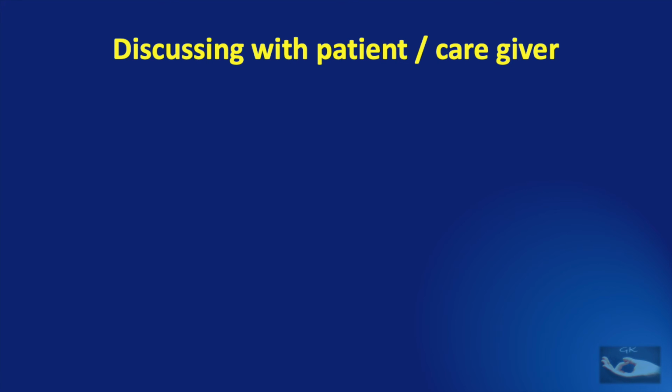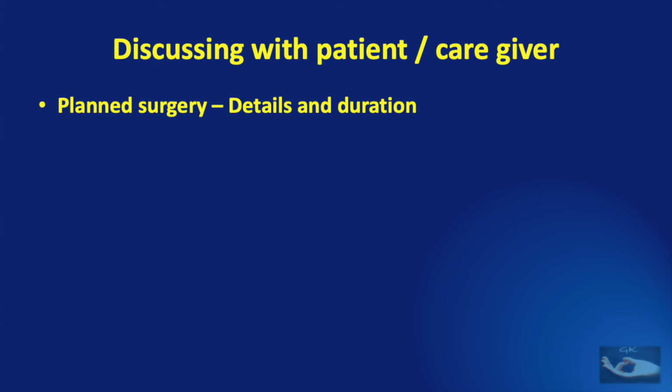After making the final plan, it is very important to communicate with the patient and the caregiver about many of the aspects of the surgery and the aftermath. The first thing we need to communicate is the details of the planned surgery, not only the procedure but also the duration of the procedure.